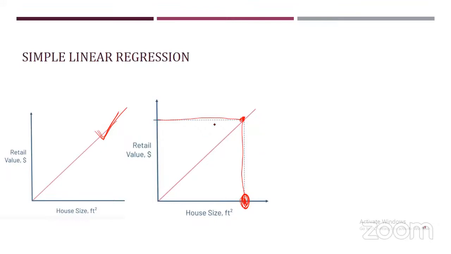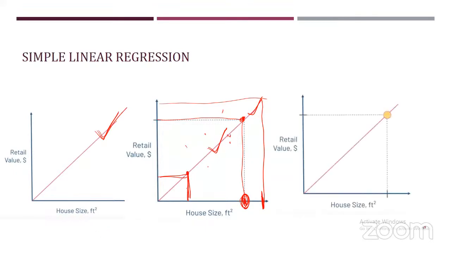Here you could see I'm not using these dots. I'm just using this line to do the prediction. If you have the size of the house at this point also, I will be able to figure out what the price of the house should be. So this line just helps me predict the price based upon your supplied X. This line is nothing but your model, and you have prepared this model based upon your supplied instances.